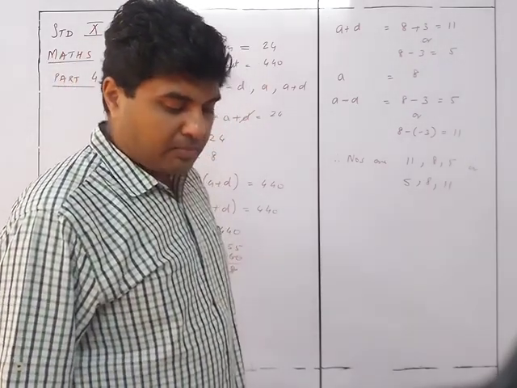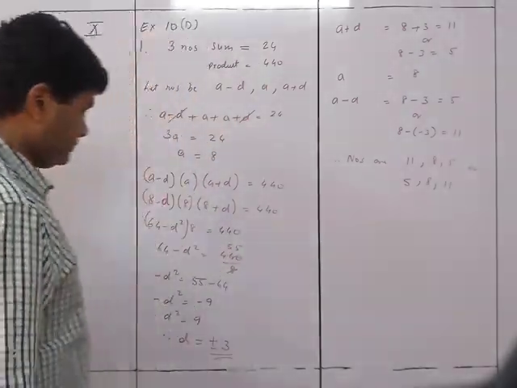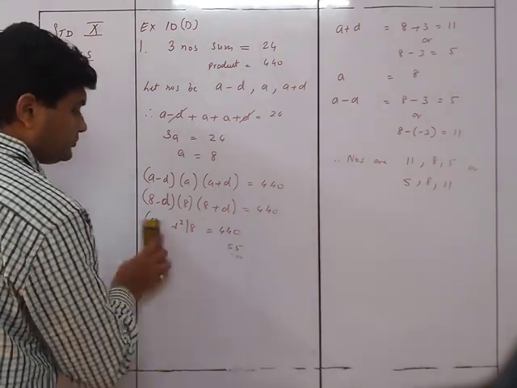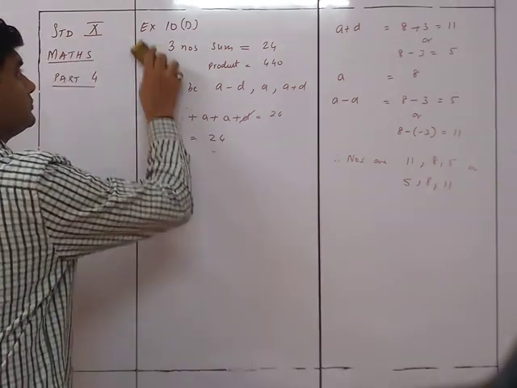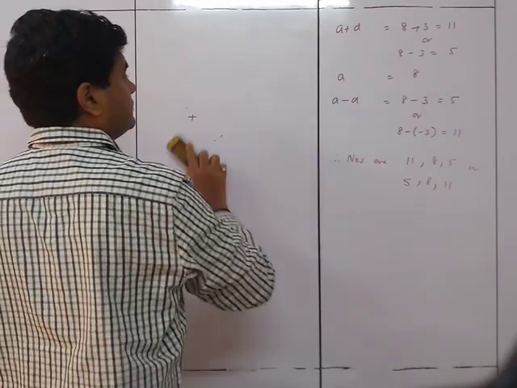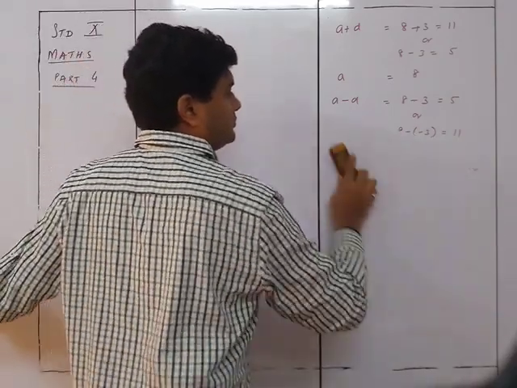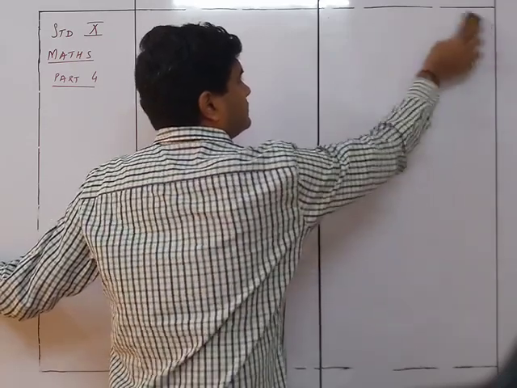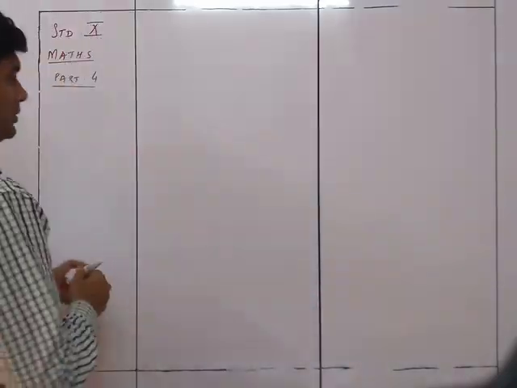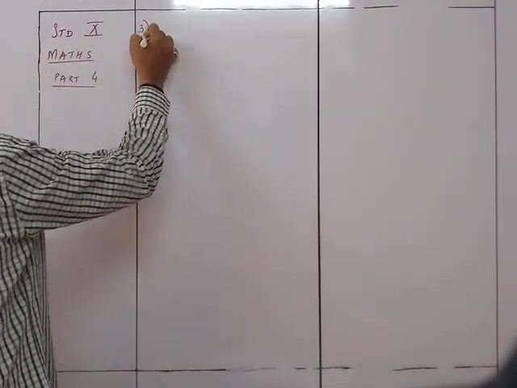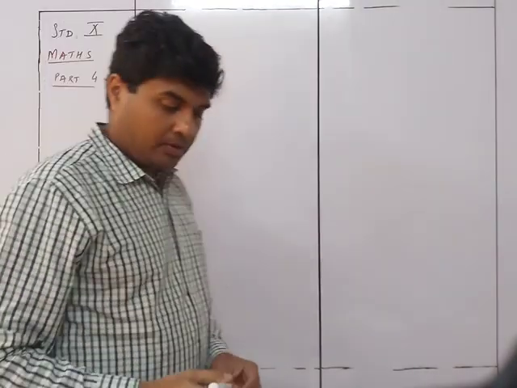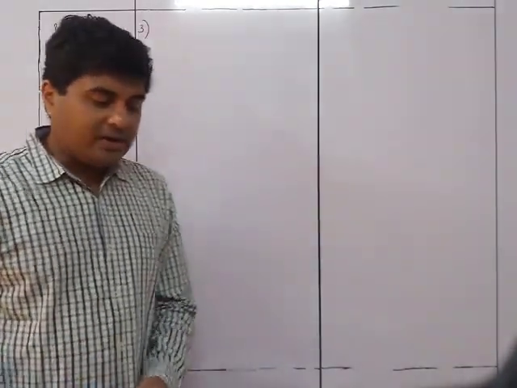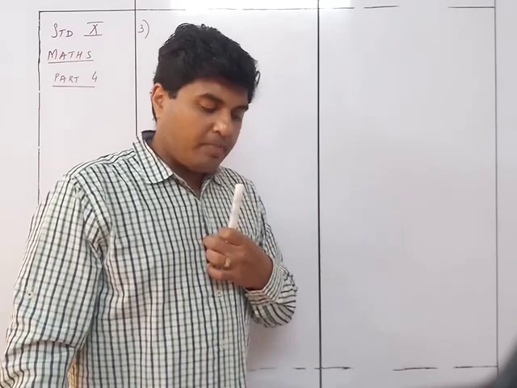We move on to sum number 3 now. The angles of the quadrilateral are in an AP with common difference 20.